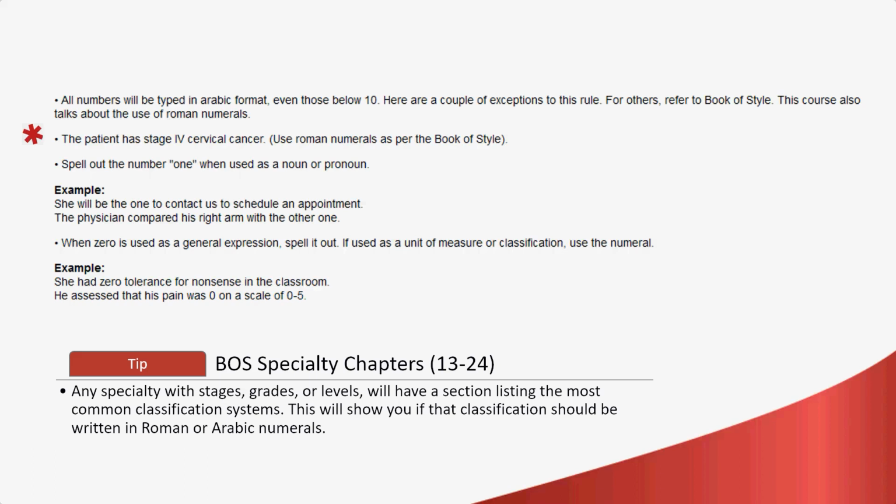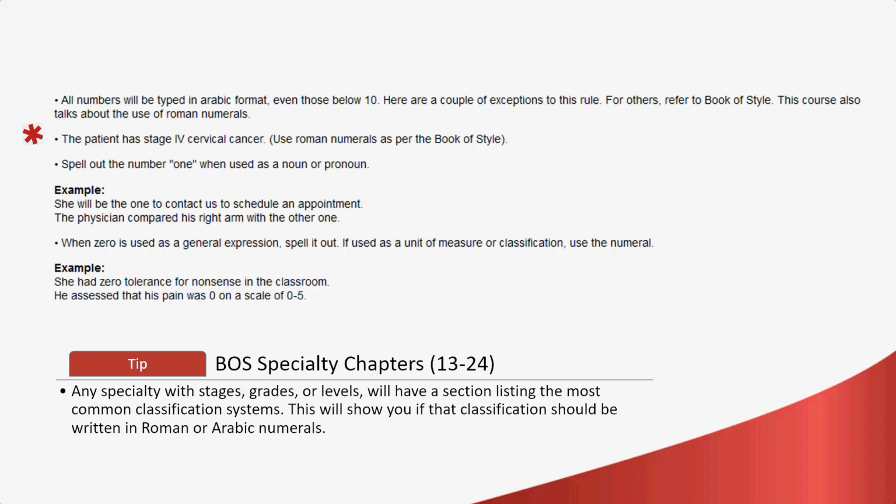And if there are, they're just going to be the most common ones for those particular specialties, but it will show you if it's going to be Roman numeral or Arabic numerals. If I had just gone to the orthopedic chapter sooner, I would have seen Lefort, no space, level 2, Roman numerals. So it would have saved me lots of time and frustration. So just don't forget those specialty chapters are there, and they're going to help you as well with whether or not you need to use Roman numerals.